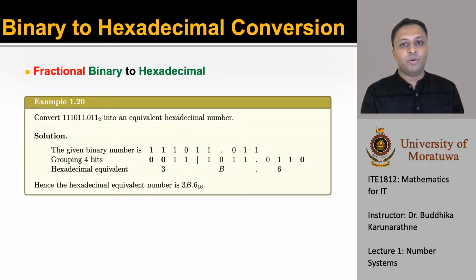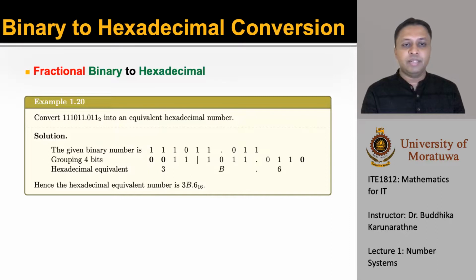And there's a small difference when you look at the fractional part. You start grouping that from the leftmost bit, right? So in this case, we have only 3 digits. We have to add a 0 to get a group of 4.